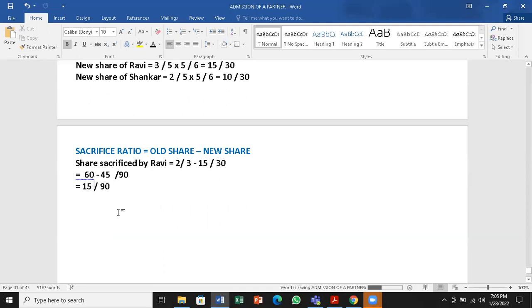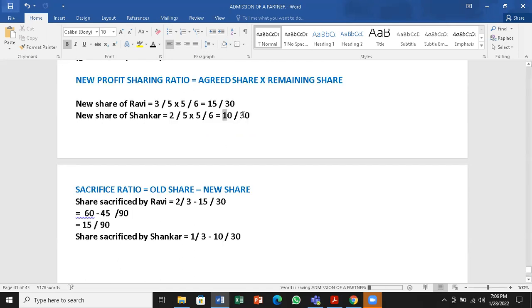Next, sacrifice made by the next person, that is Shankar. So Shankar's old share is 1/3. Remember, the new share is 10/30. It is here, 10/30. So old share is 1/3, that is 2:1 was there.